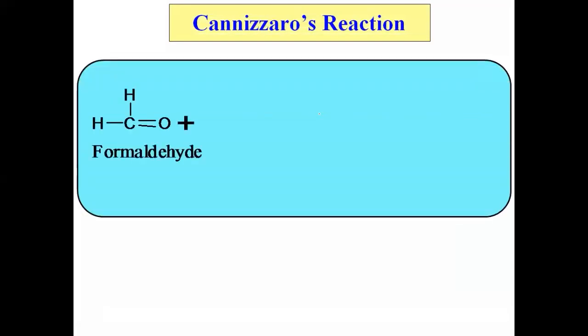Now let us see what is actually meant by the Cannizzaro reaction. I will take a simple example, the same example of formaldehyde. When this formaldehyde, an aldehyde which does not have an alpha hydrogen atom, is heated with alkali, suppose we take dilute NaOH, we can take KOH also here. Two molecules of formaldehyde, HCHO and HCHO, participate in the reaction.